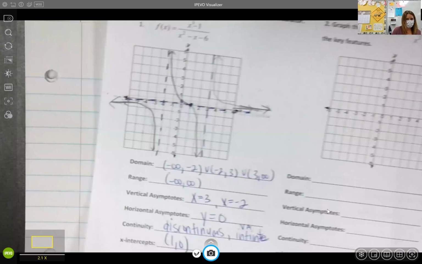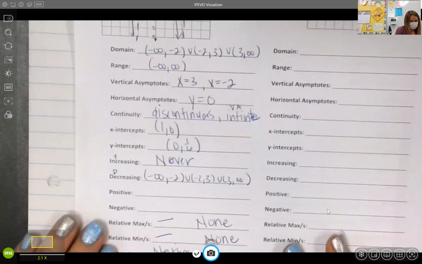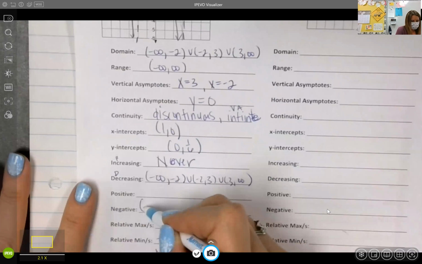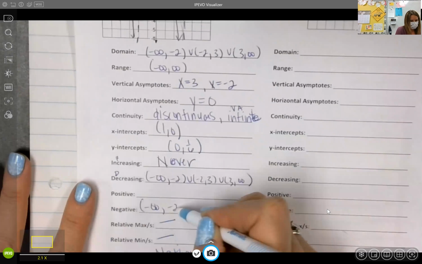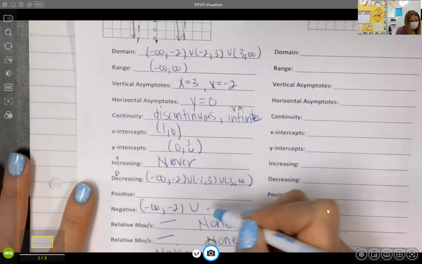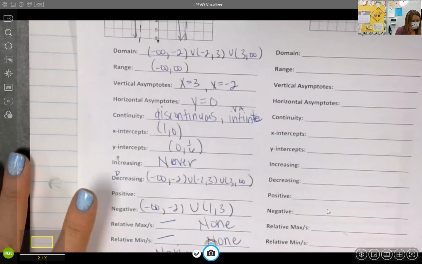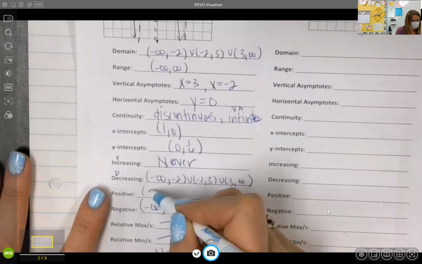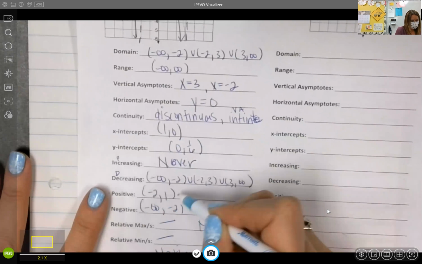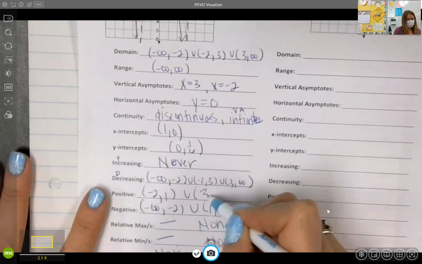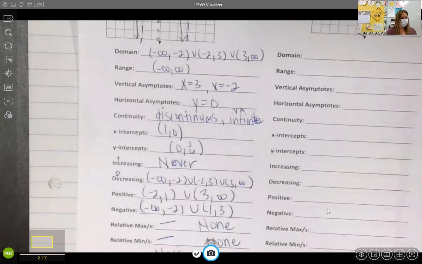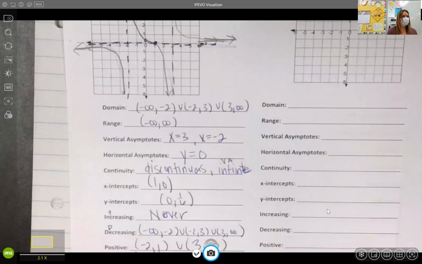So let me just finish this so you can have this right. The negative is going to be negative infinity to negative 2, and then 1 to 3, right? And then positive is going to be negative 2 to 1, and 3 to infinity. Okay? So everybody has 100% on the first one.